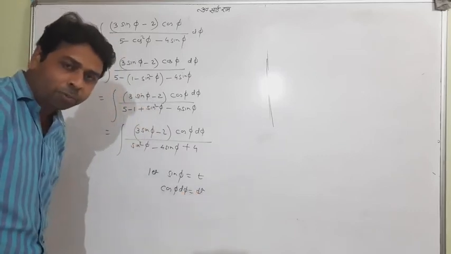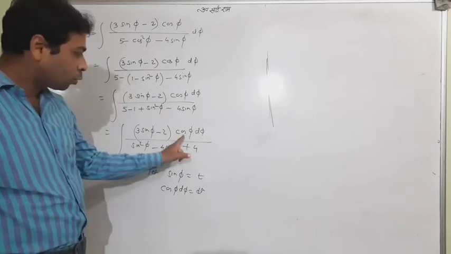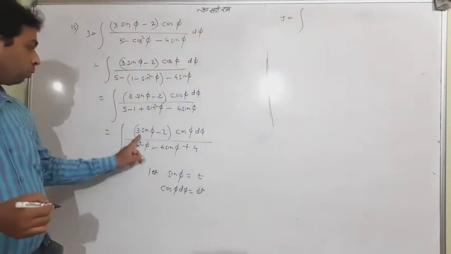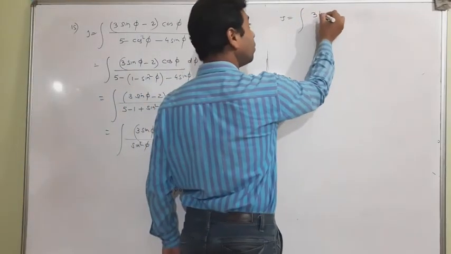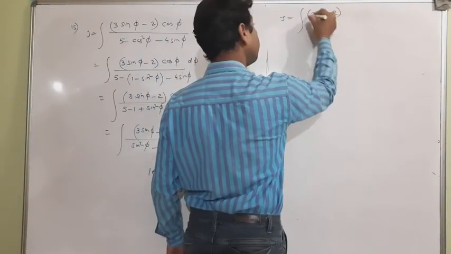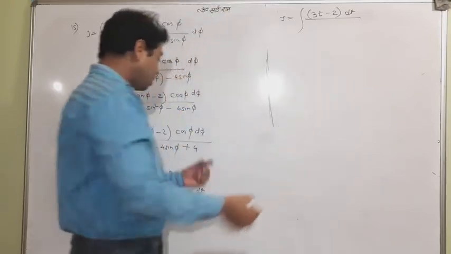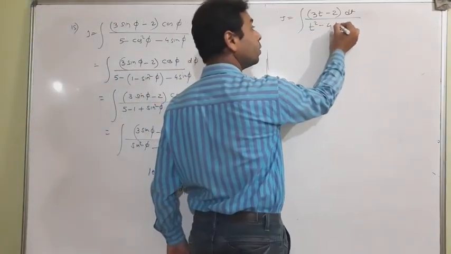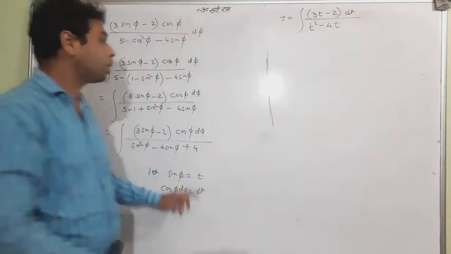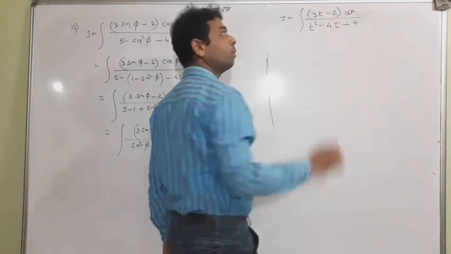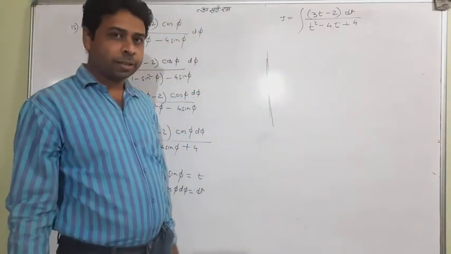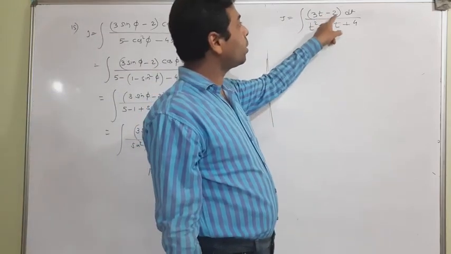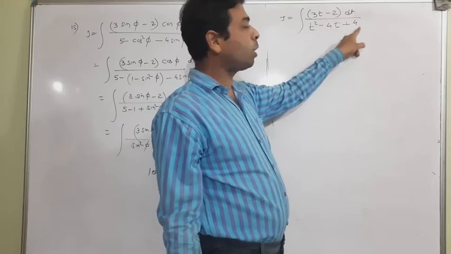We already made the same assumption in previous exercises. So cos phi d phi will be dt. So the answer will be I equal to integral of 3t minus 2 dt upon t square minus 4t plus 4. The question has changed like that. So now it's 3t minus 2 upon t square minus 4t plus 4.